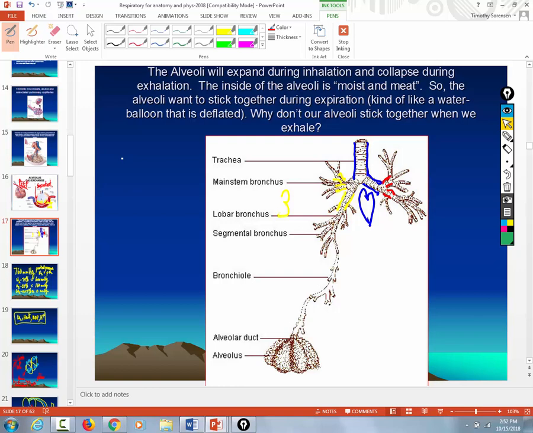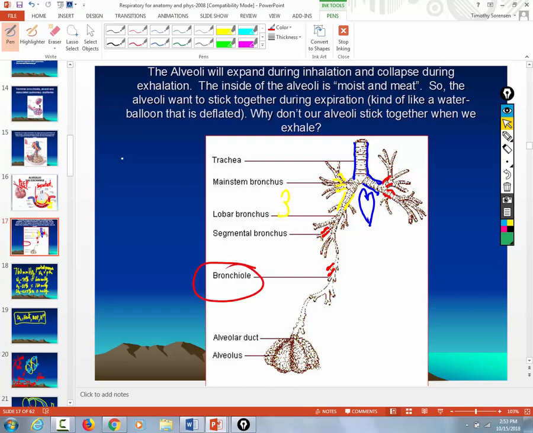And then each lobe is then divided into smaller segments. So the lobar bronchus then splits into the segmental bronchus. And then each one of the segmental bronchus branches into these smaller airways called bronchioles.